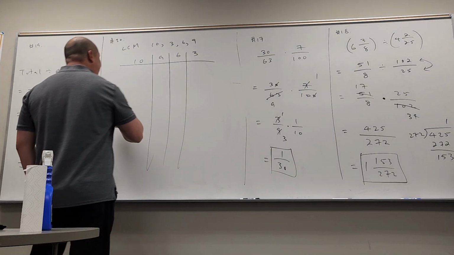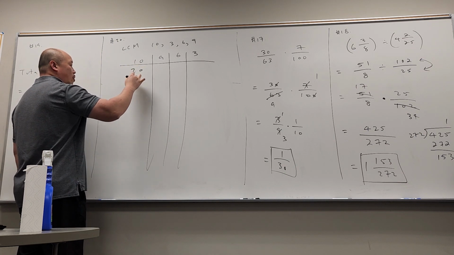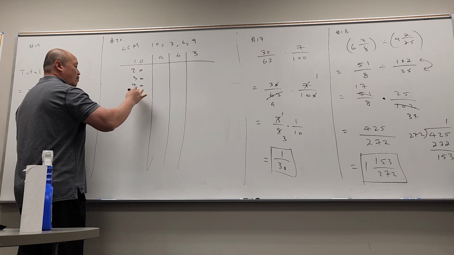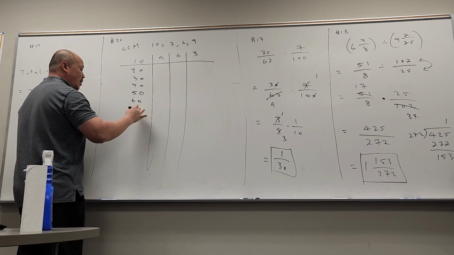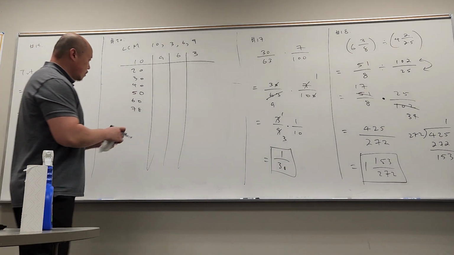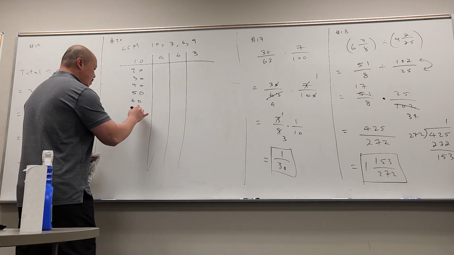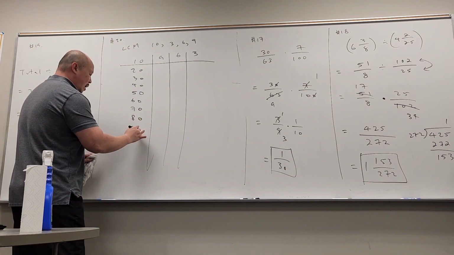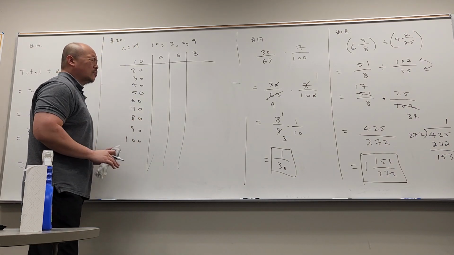Then I start going, hey, 10 times 2 is 20, right? 30, 40, 50, 60, 70, 80. Oh, I don't know why I did this. 70, 80, 90, 100. I'll start with 100.